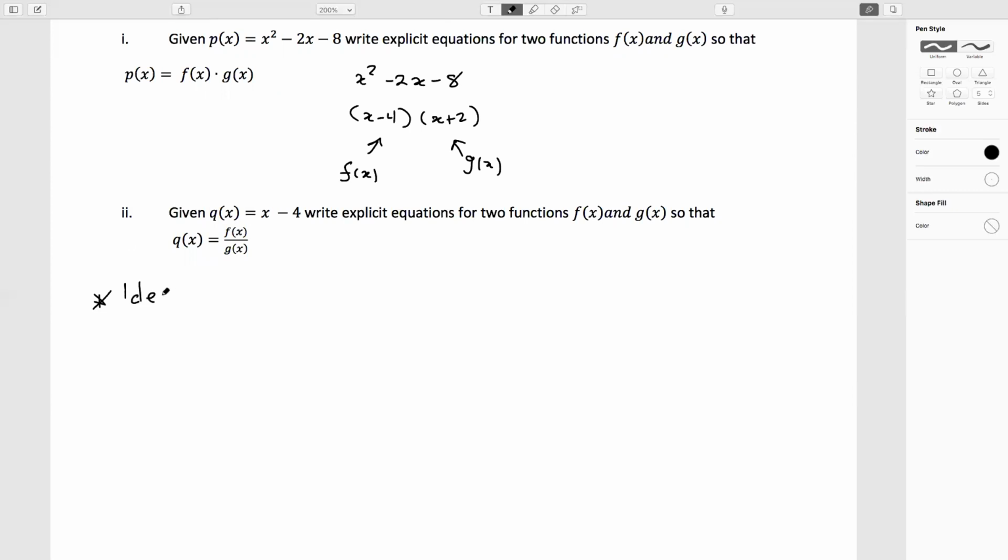What if we multiply f of x by something, whatever it is, we'll call it f of x times g of x, so that when we divide by g of x, it is canceled.